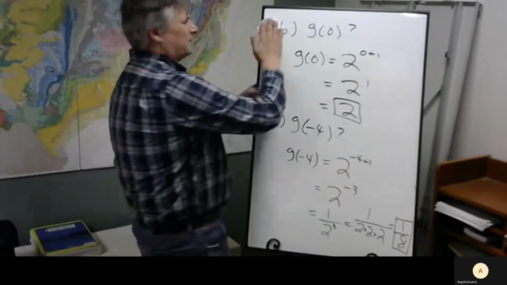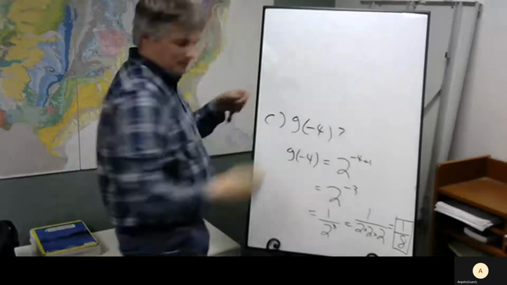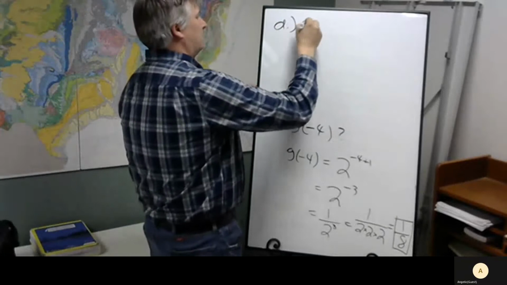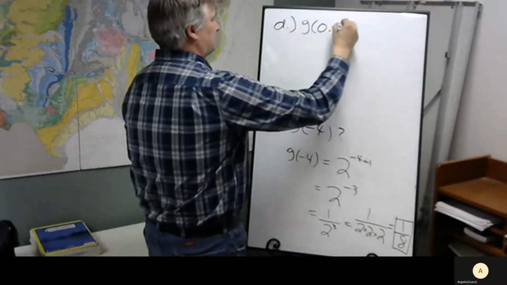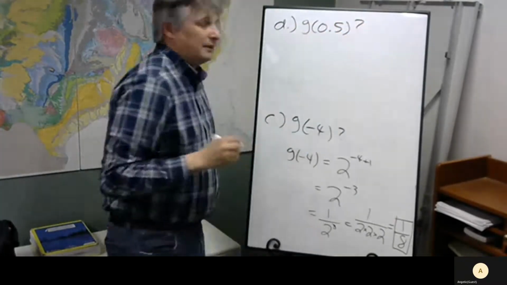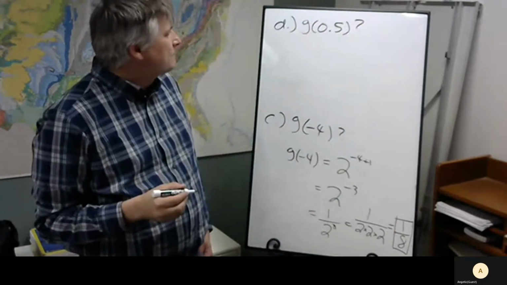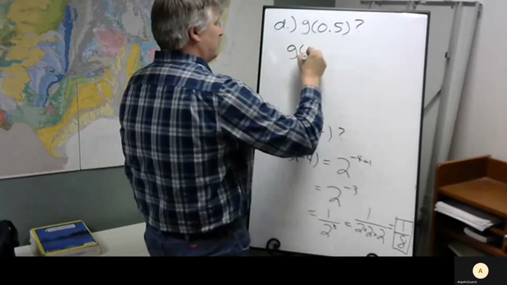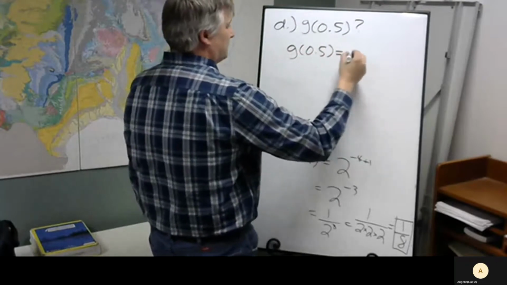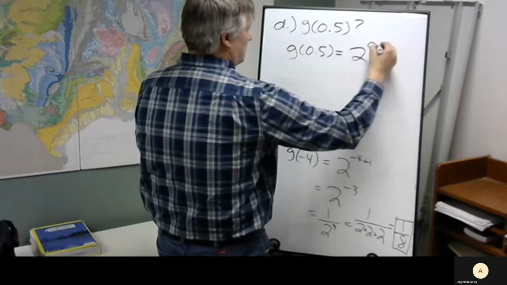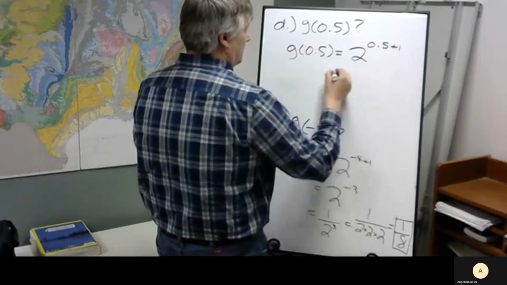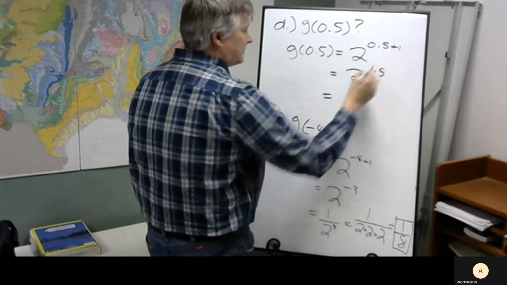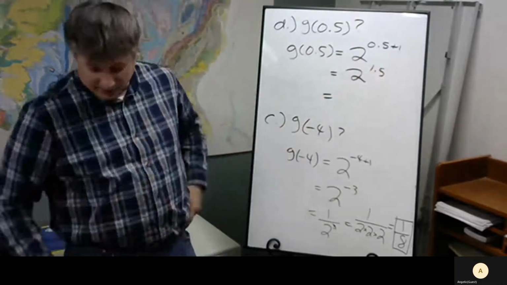So take a look at another one. g of 0.5. What happens here is, again, replace all the x's with 0.5. Now for this one, what I'd recommend is this is where you want to break out your calculator.